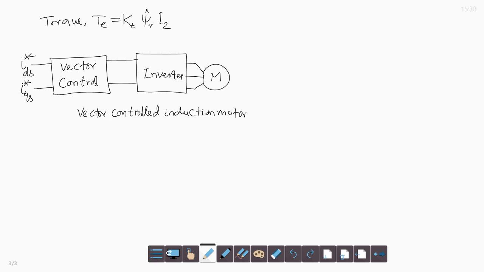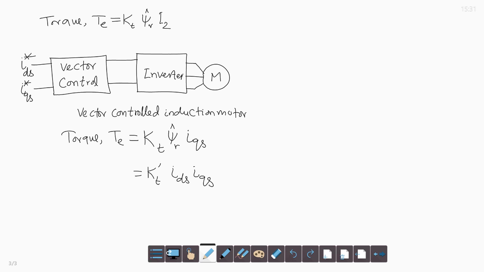For this vector controlled induction motor drive, now the torque equation becomes torque Te is proportionality constant Kt into psi r hat, psi r peak, into IQS, and that is Kt dash, some other proportionality constant, into IDS into IQS for the vector controlled induction motor drive.